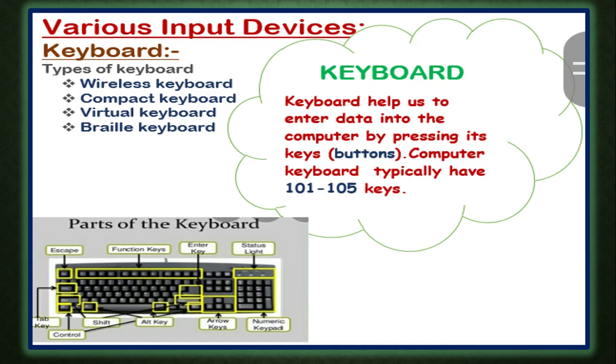Keyboard buttons are also known as keys, and most keyboards usually have 101 to 105 keys. Keyboards are attached to the computer with the help of a cable to a USB port on the computer system.